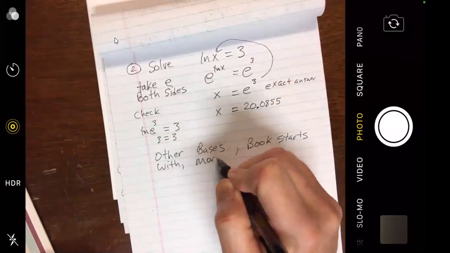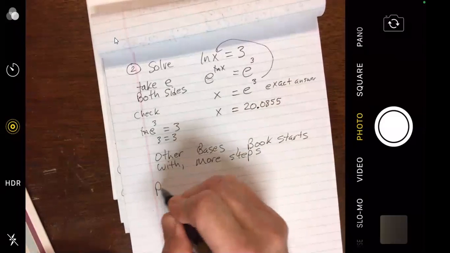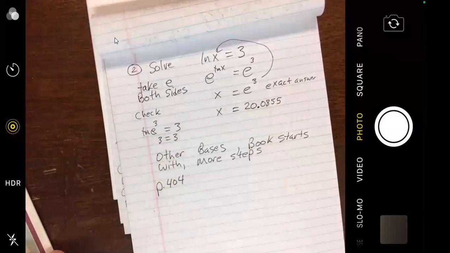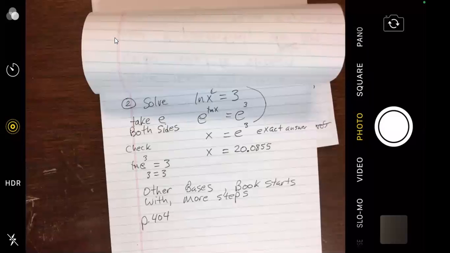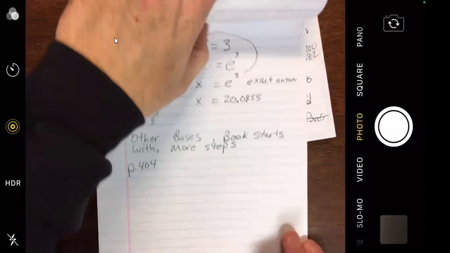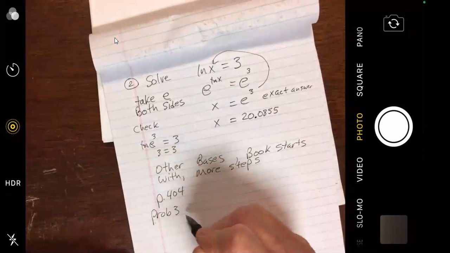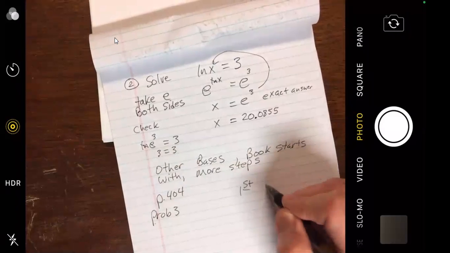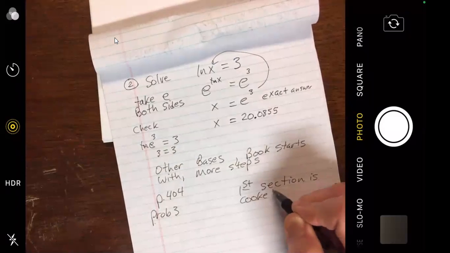And more steps. So we'll start on page 404. I guess we'll start with a problem like number 3. This first section is cooked with tricks.